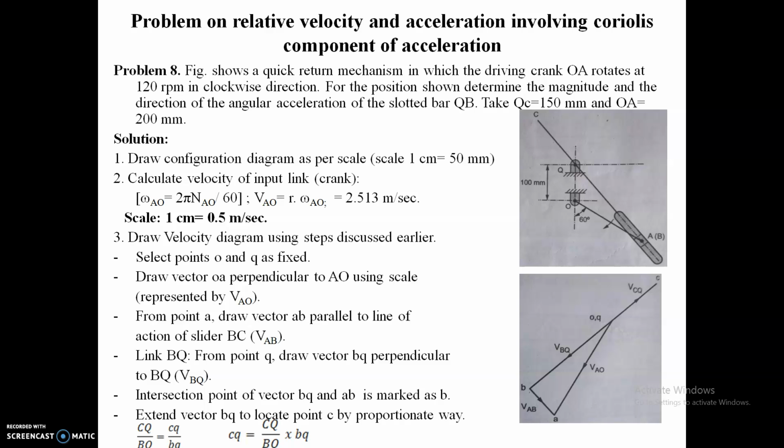Then you have to make the velocity polygon, and for plotting it, it is essential to determine the velocity of the crank, which comes to 2.513 meter per second. Here I have taken the scale 1 centimeter equal to 0.5 meter per second. By the same process, you make the velocity polygon.